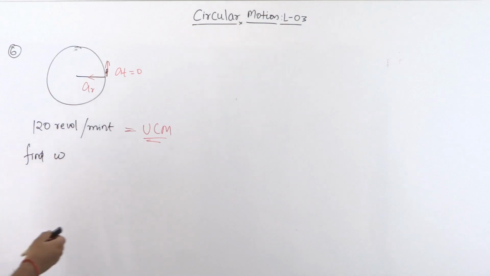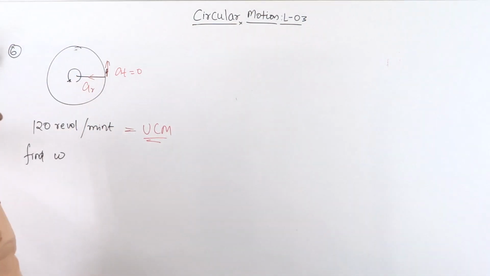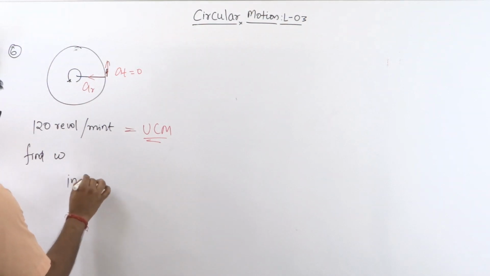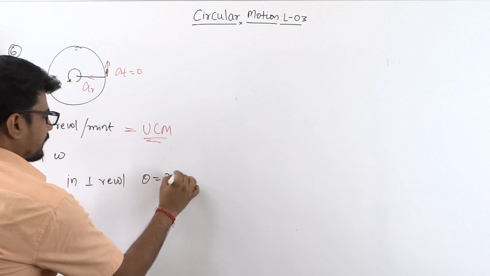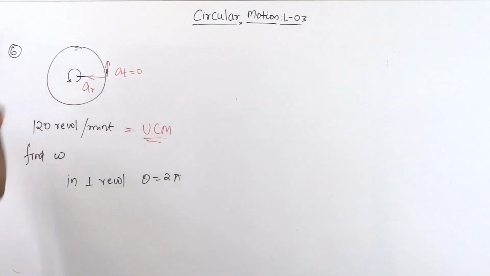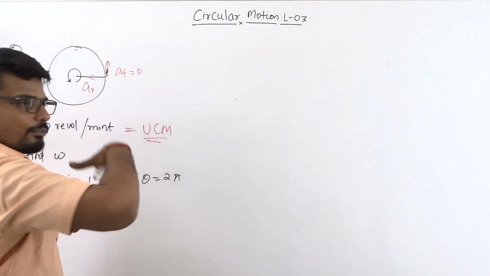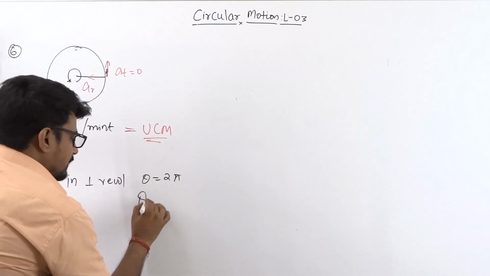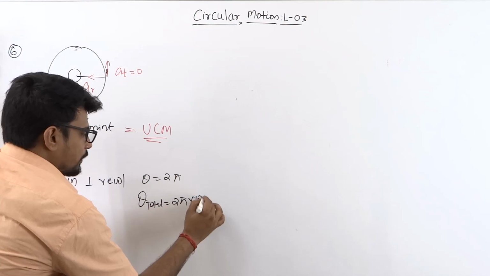Now understand, in one revolution how much will the angular displacement be? Write it down: in one revolution the theta is going to be how much? Of course 2 pi. We know it covers 2 pi. How many revolutions is it making? 120 revolutions. So the total angular displacement theta total is going to be 2 pi times 120, in how much time?